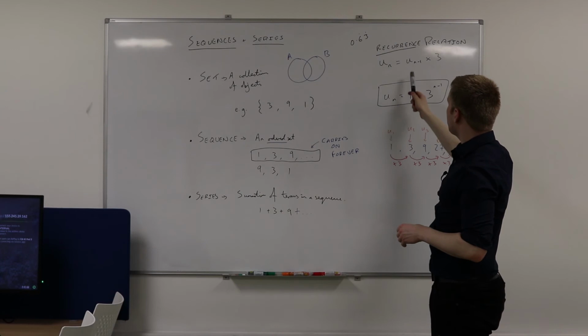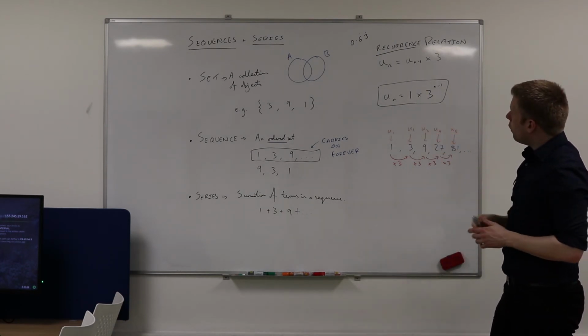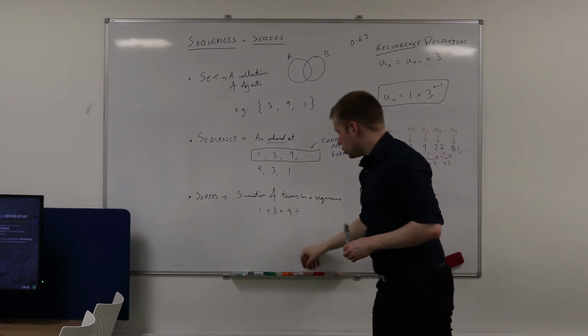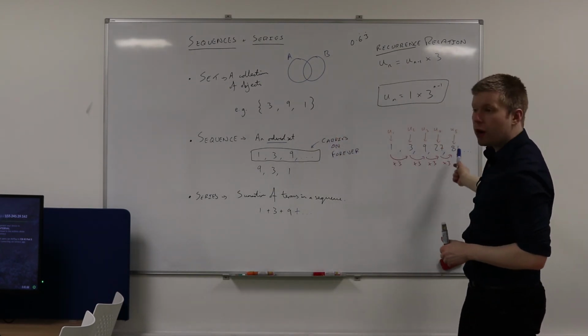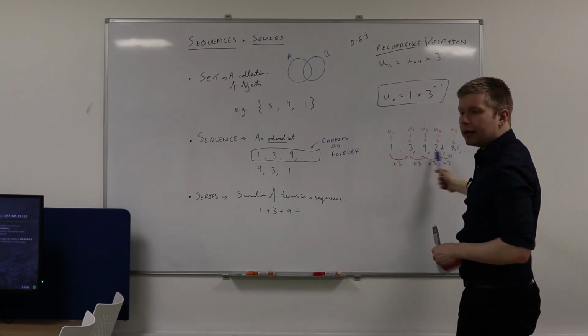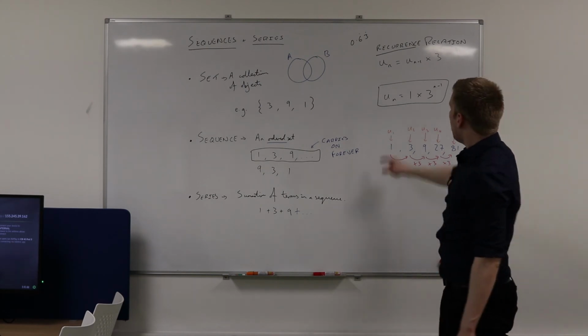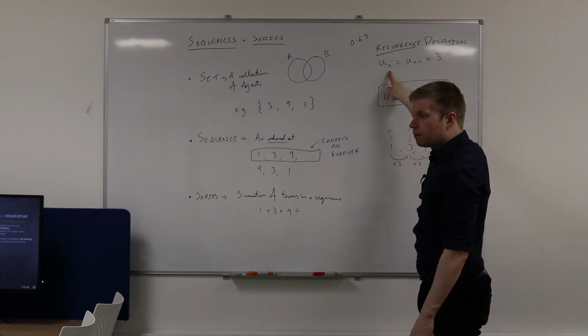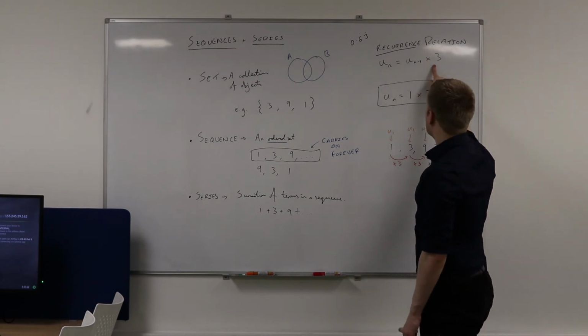So there's two ways. You can either write it as a recurrence relation, or you can write it like this. Now, what I have found here is a generalized formula. It's a way of finding any term I like in the sequence. If I wanted the 100th term, I'd put n equals 100 in here. So I'm looking for the 100th term, which means I take the 99th term and times that by 3.